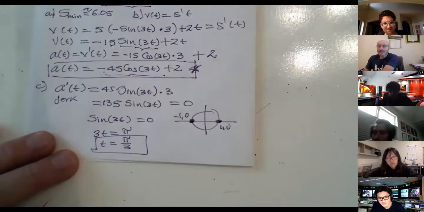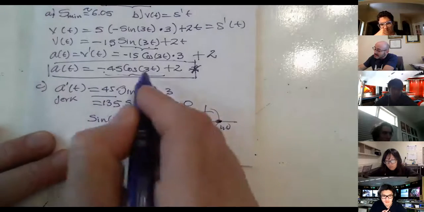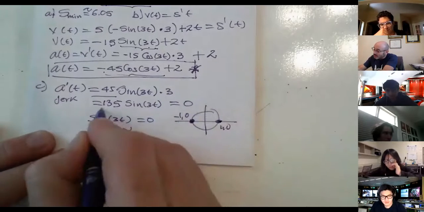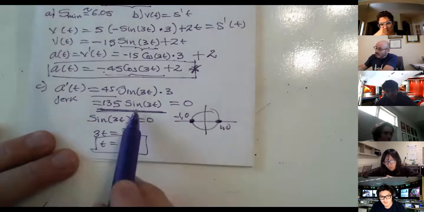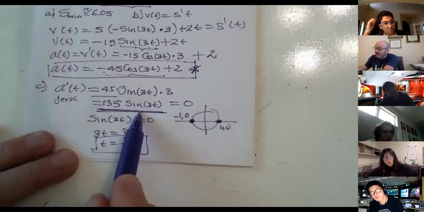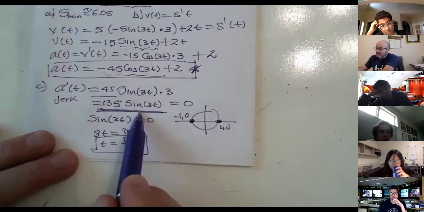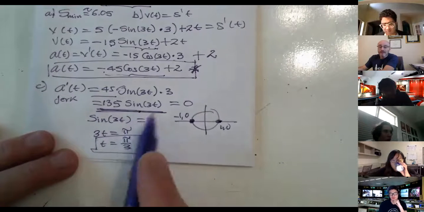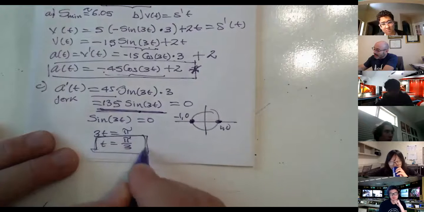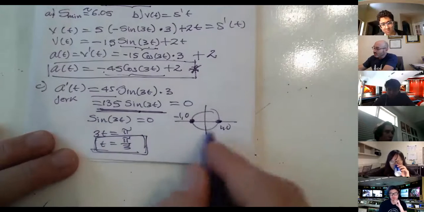But look, if you take one more time the derivative of this, because now I need to differentiate this, the derivative of sine is cosine, so cosine of 3t. That derivative depends on the values of t. So what you need to do then is create the sign chart for this, which is simple.